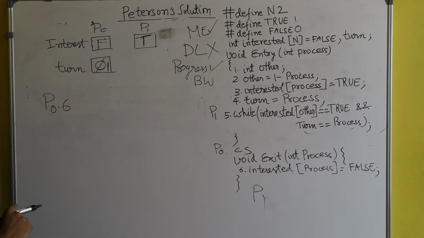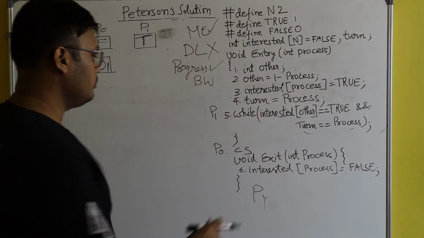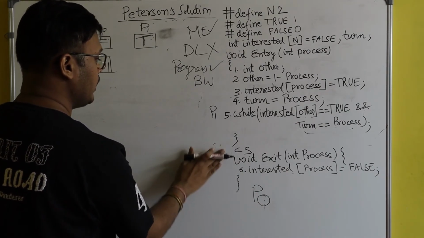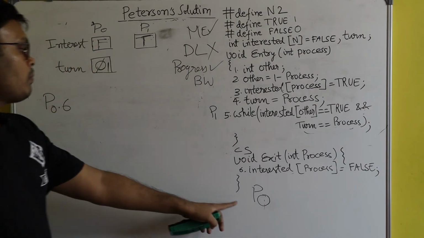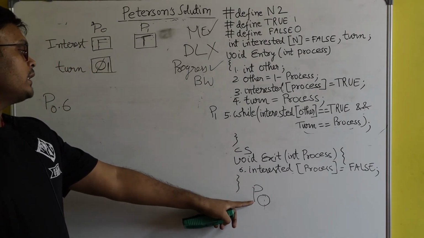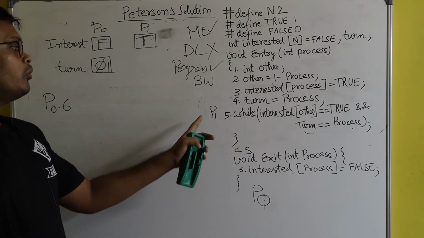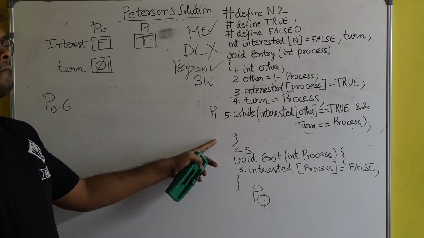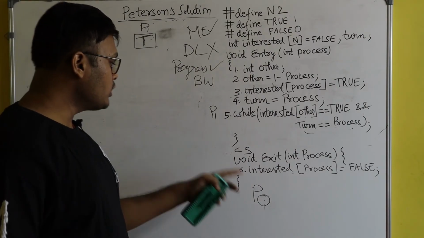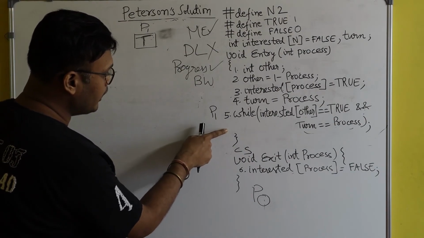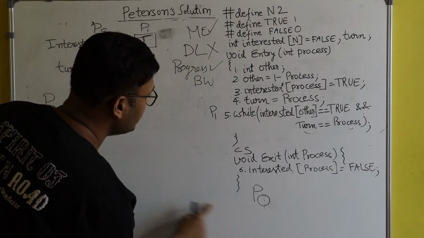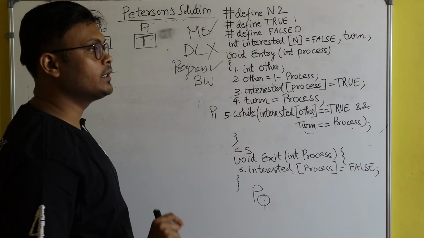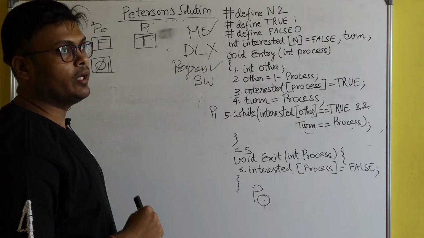Since process P0 is out from the critical section, according to bounded waiting, now process P1 should enter. But it can also be possible that before process P1 could enter inside the critical section, P0 again executes all this code, gets the entry inside the critical section, and again process P1 will have to wait.